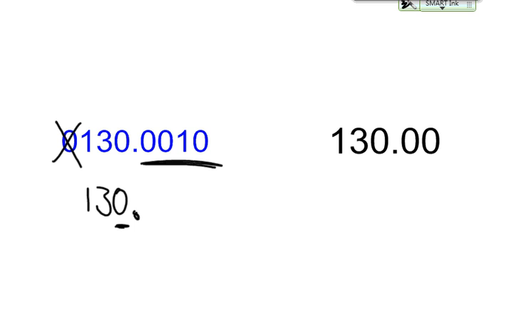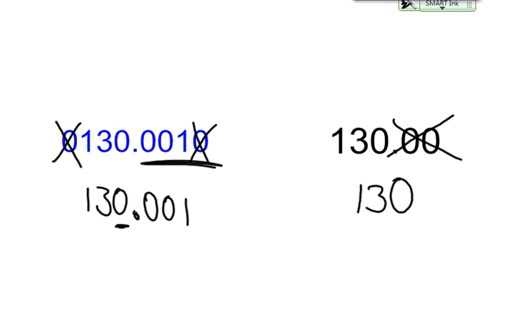Well, I definitely need the 1, and to secure my place value, I need the 2 zeros in front of it. However, I don't need the 1 behind it. And finally, I can look at this last example. It says 130.00. Which do I need? You might get an answer like this, and the fact is you don't really need these zeros here. Just writing 130 is enough to understand this answer.